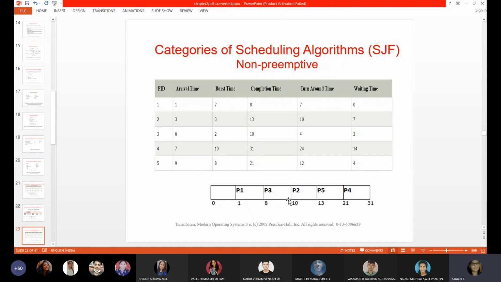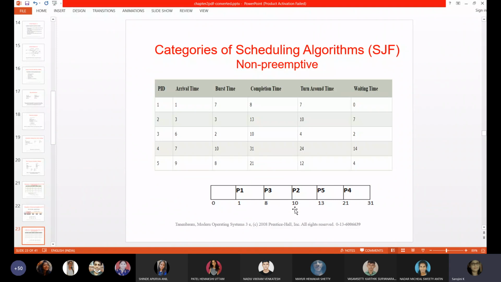Then only it will be evicted, because it is a non-preemptive algorithm. It will complete its execution in the 10th millisecond, because 8 plus 2, 10. Why 2? Here its CPU burst time is 2 milliseconds.